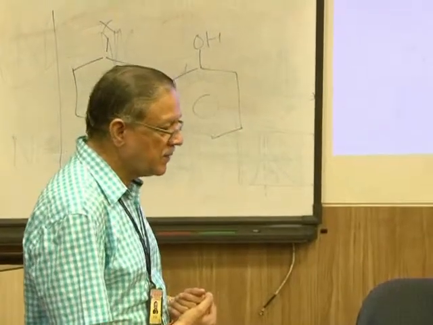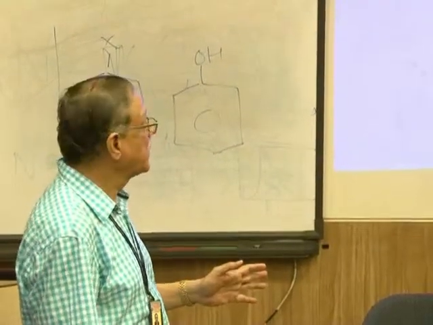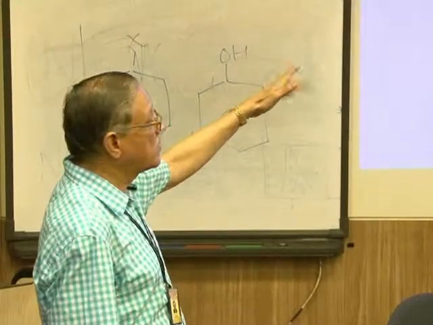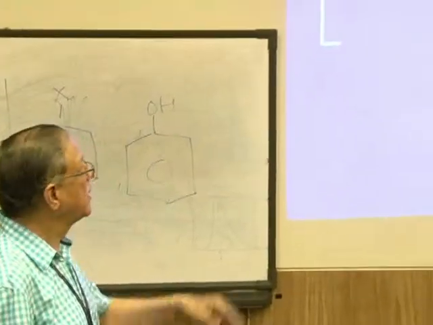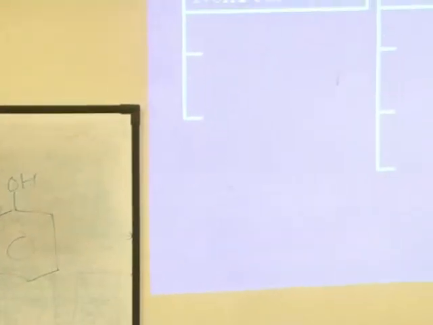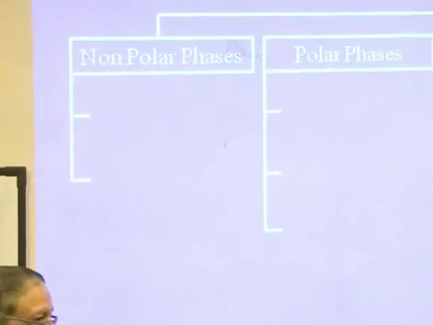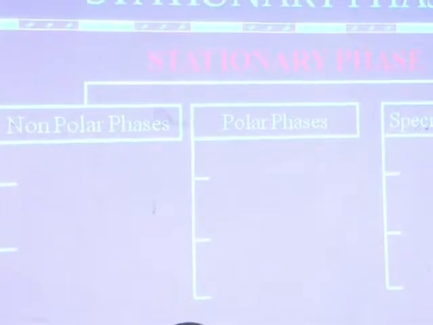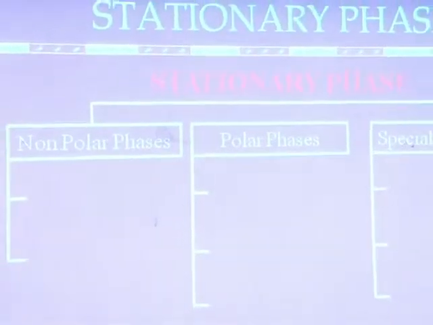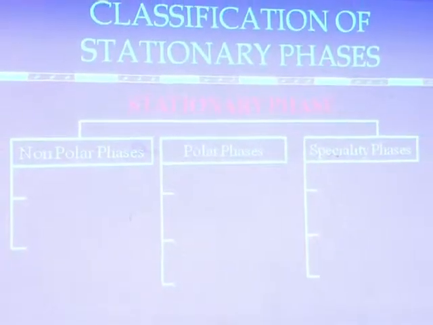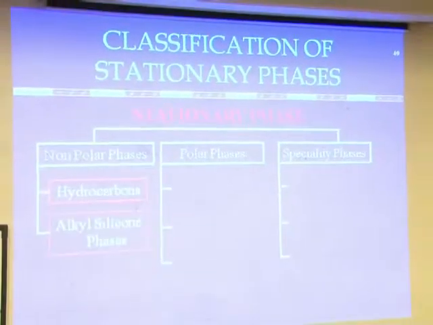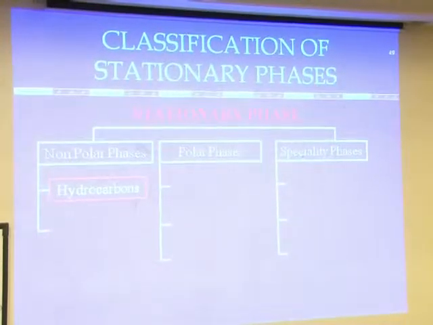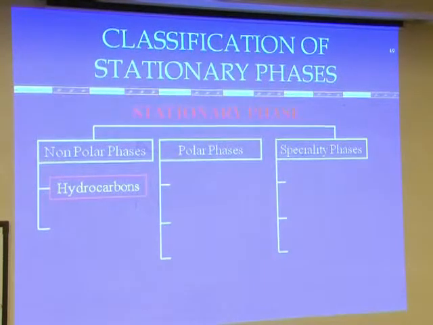Choice of stationary phases becomes very easy because they are classified under non-polar liquids, polar liquids, and speciality, highly speciality liquid stationary phases. One by one: non-polars are obviously hydrocarbons.